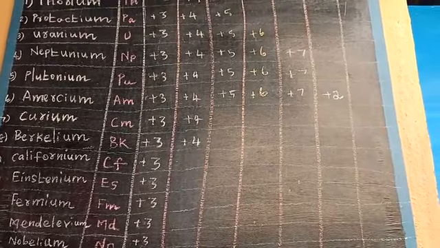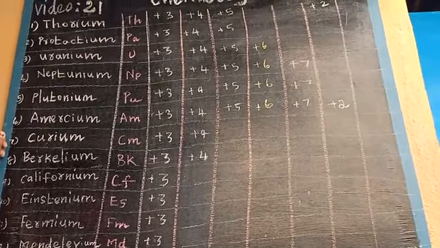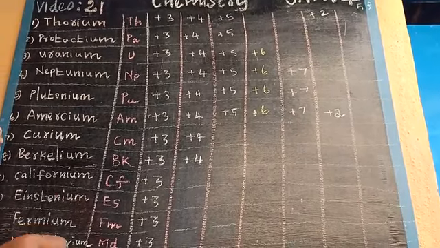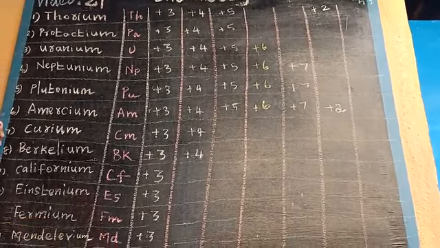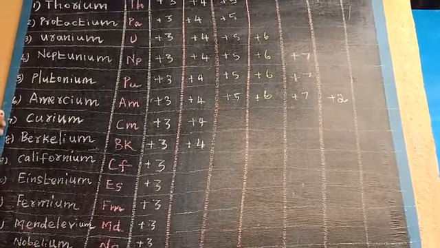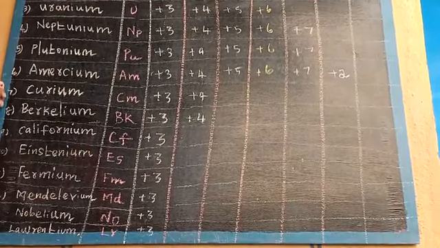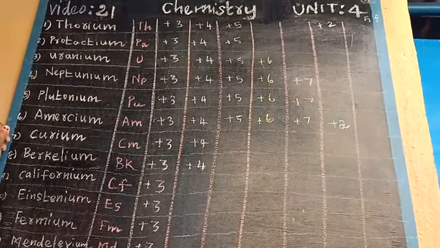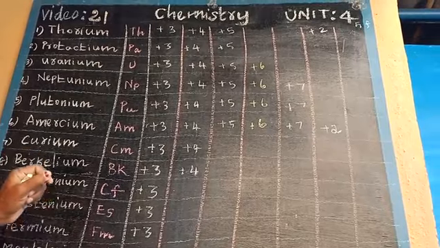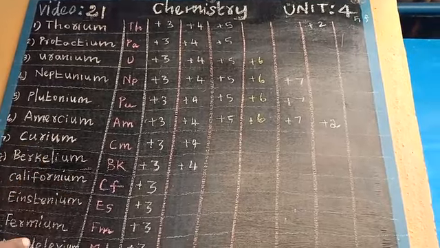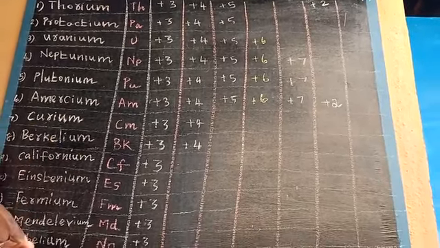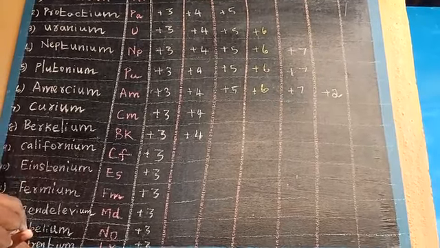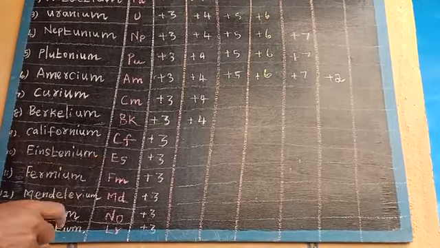This contraction occurs due to the poor, imperfect shielding of the 5f electrons. This reason was already explained in the previous video for the causes of lanthanide contraction, so I just give the points here. So here also the actinoid contraction occurs. What are the causes of this actinoid contraction? The poor, imperfect shielding of the 5f electrons.